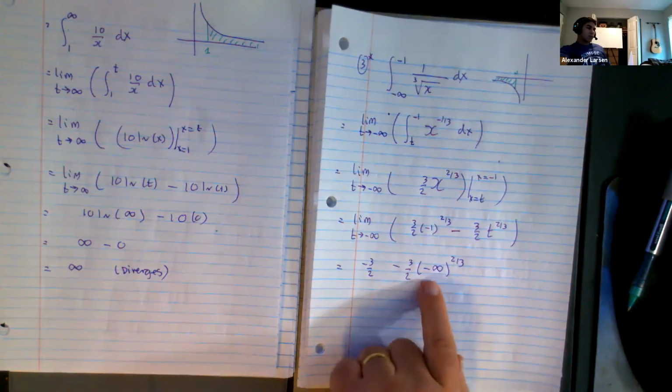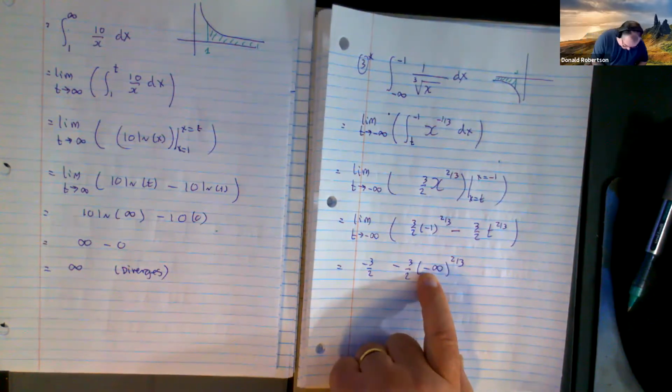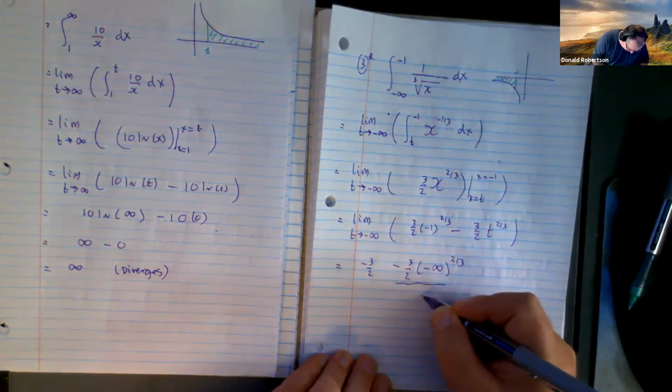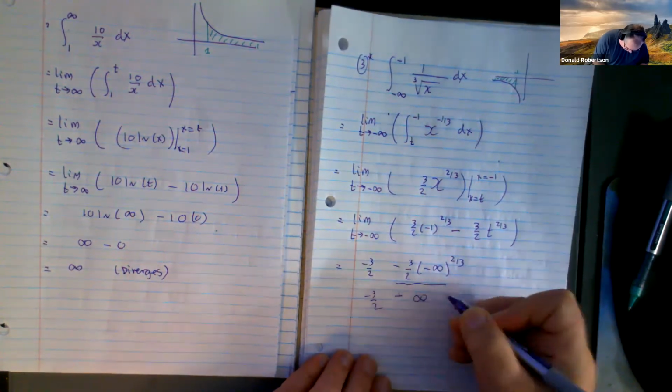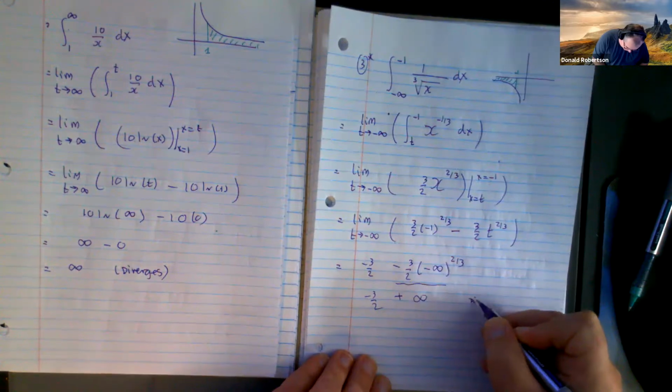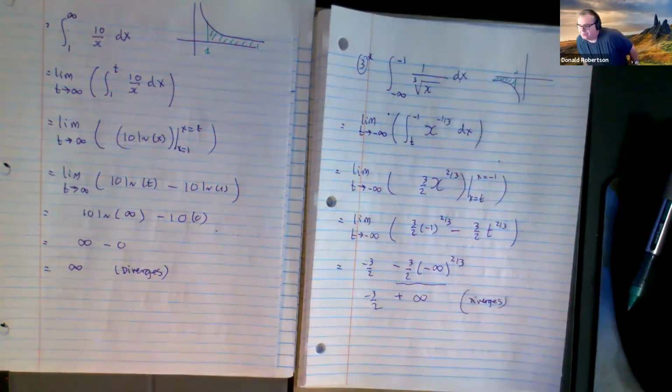Technically speaking, isn't it -infinity times another negative, which is plus infinity? This thing is infinitely large. And I don't care if it's plus or minus, it really doesn't matter, because doesn't that mean that the answer diverges? Are we good with that one?